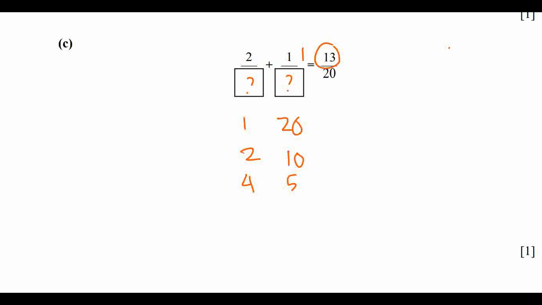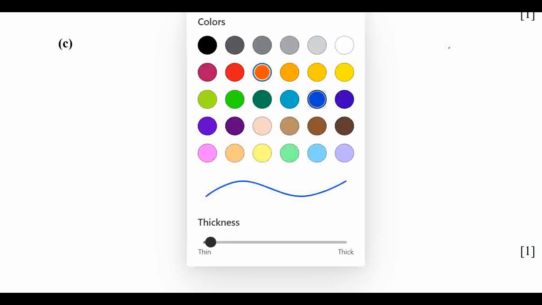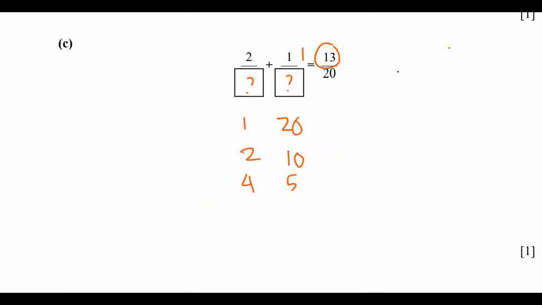Now if we times by 1 and 20 the other way, we will get 2 plus 20, 22. It is not correct. So this will not be the option. 2 and 10: if 2 times 2, 1 times 10, we will get 4 plus 10 is 14. We want 13.